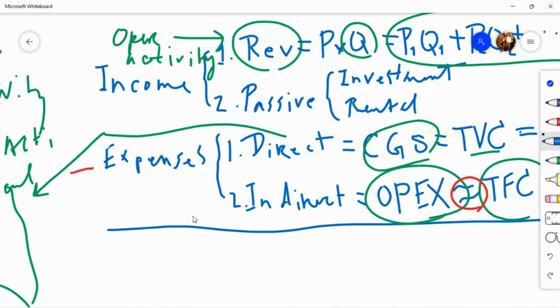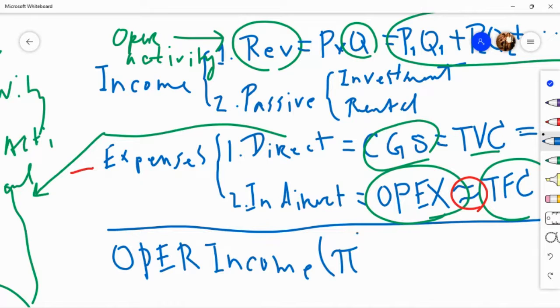And once expenses are subtracted from income, it can be considered roughly as profit, right? But it's not exactly net profit just yet. At this point, it is called operating income or operating profit.